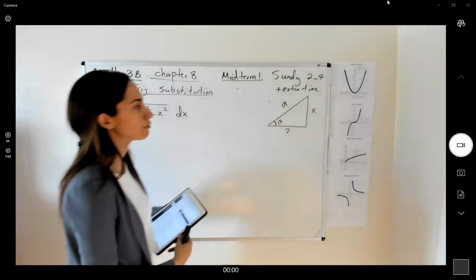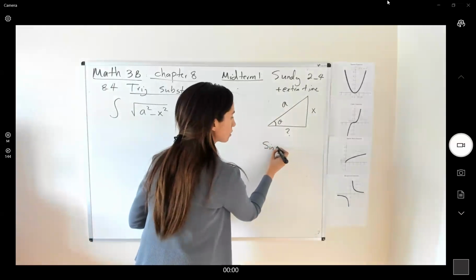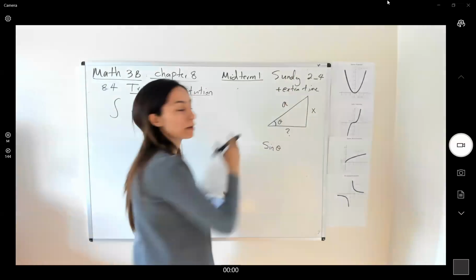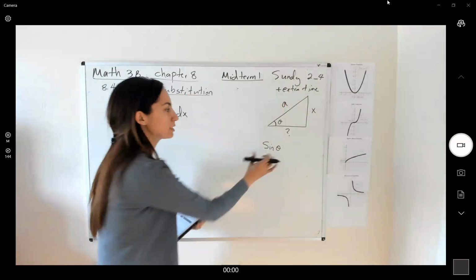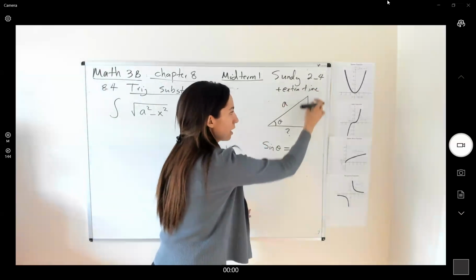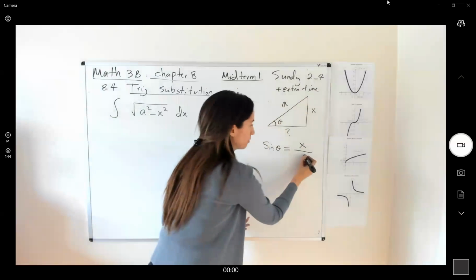So how did we define sine? If you remember, the definition of the sine function comes from a right triangle. Sine of theta is defined as x divided by a.